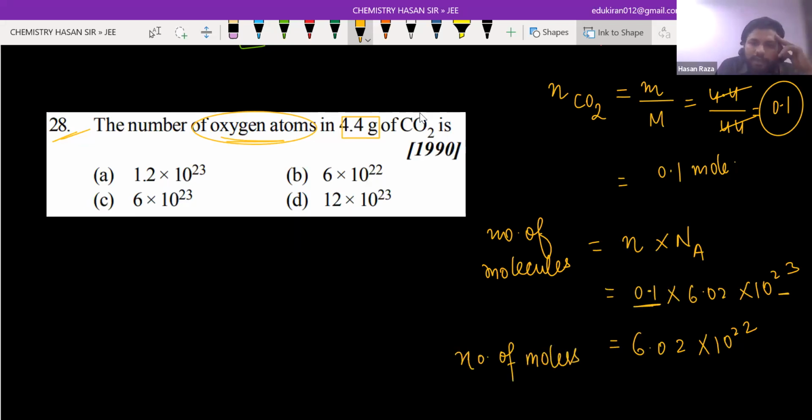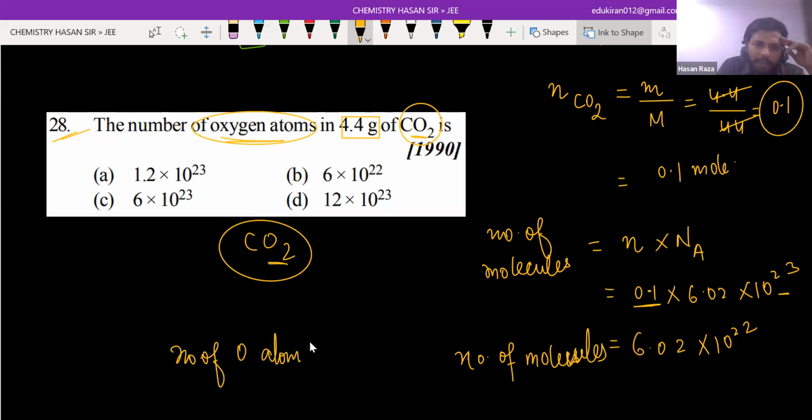Now, you can see in one molecule of CO2 you have two oxygen atoms. So in this number of molecules, the number of oxygen atoms will be 2 into 6.02 into 10 raised to the power 22.